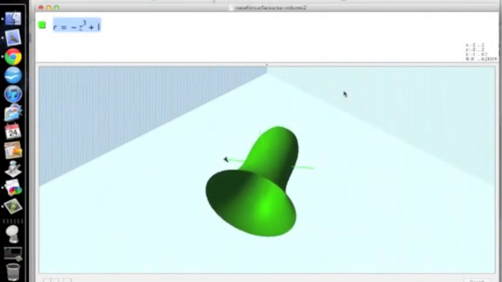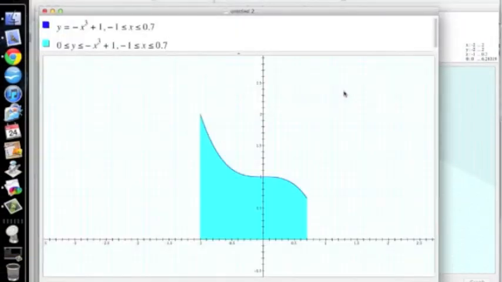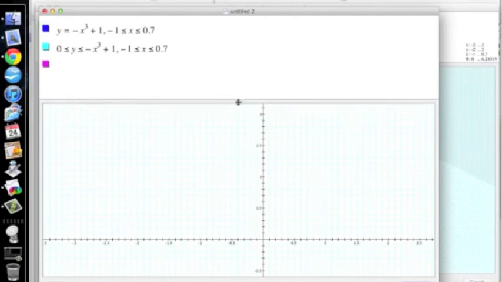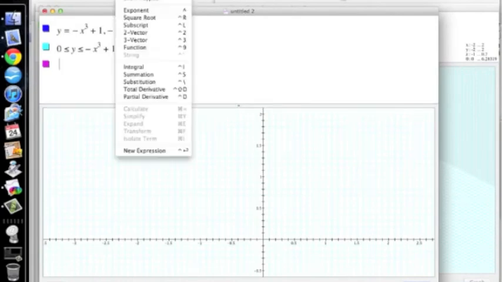Okay, so I'm back to my vase, and I'm going to go back over to my cross section. I'm just going to use the numerical integration capabilities.